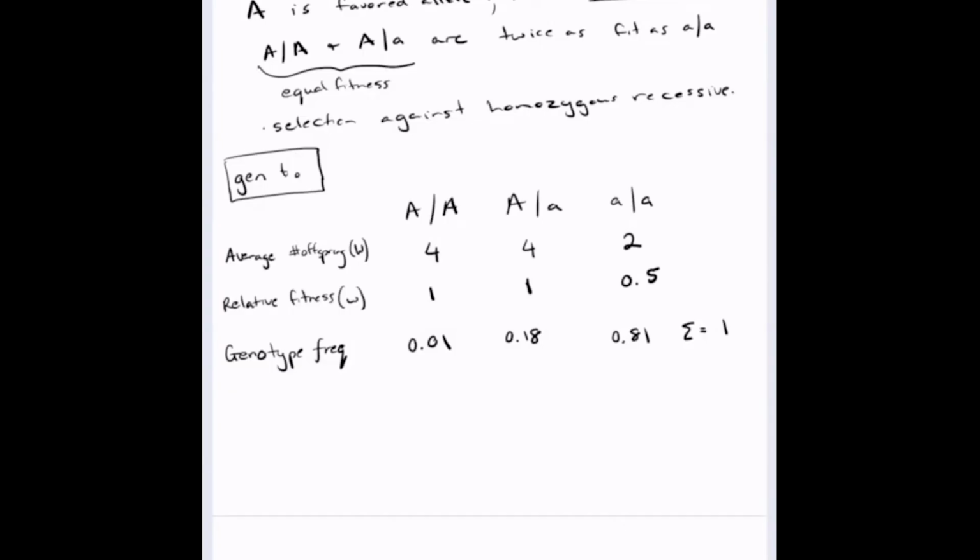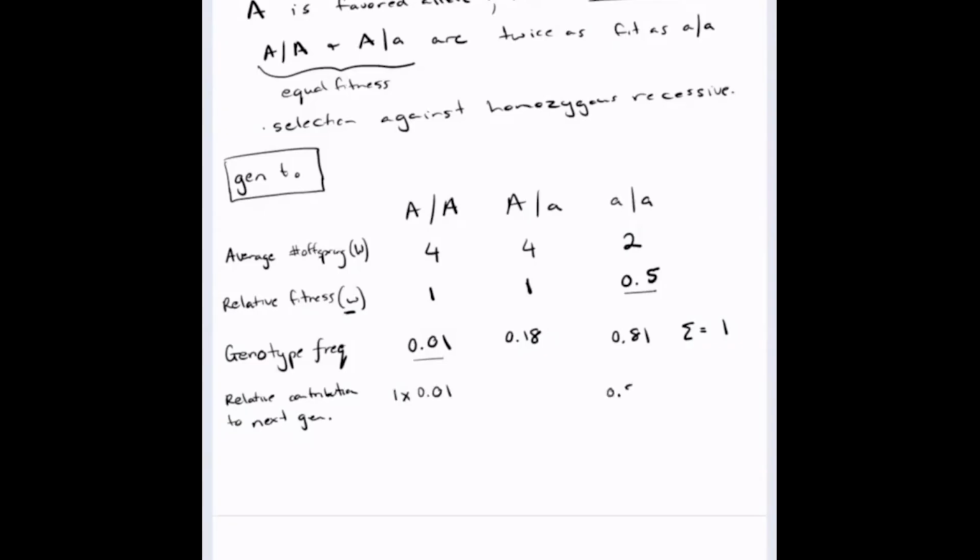But now we need to compute the contribution of those genotypes to the next generation. So we can think about the relative contribution to the next generation. And to do that, we calculate our fitness multiplied by the genotype frequency, because these individuals are going to contribute a relative frequency of 1, whereas these individuals are going to contribute half as many individuals to the next generation.